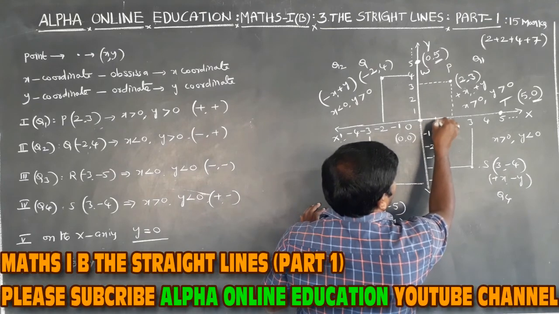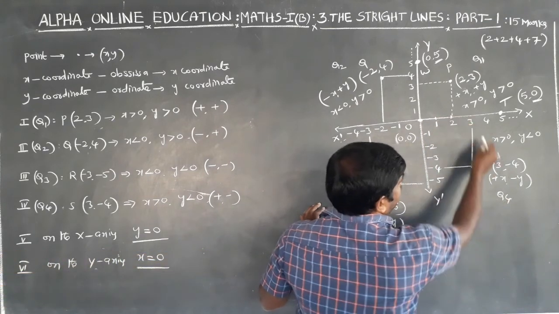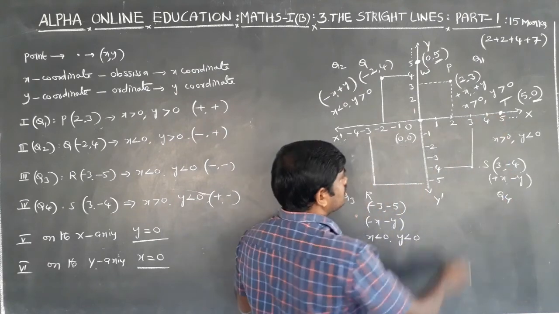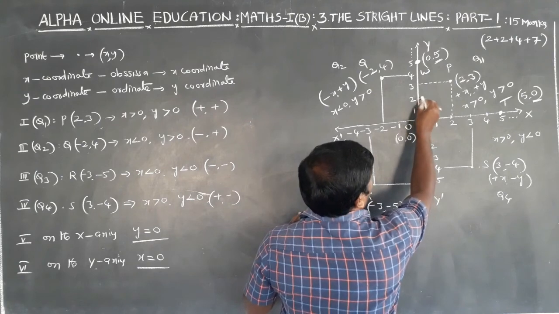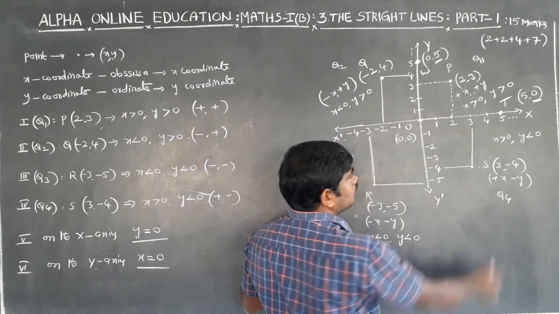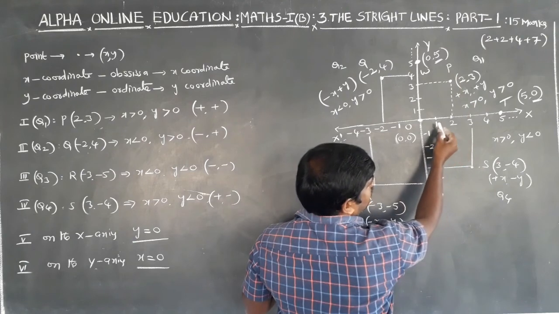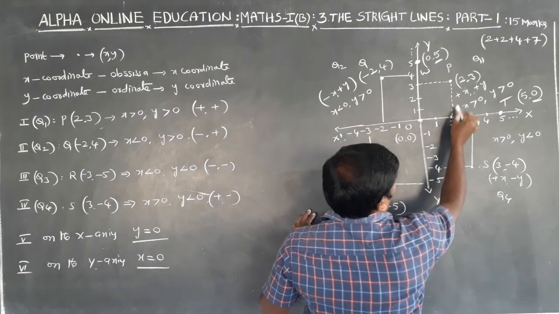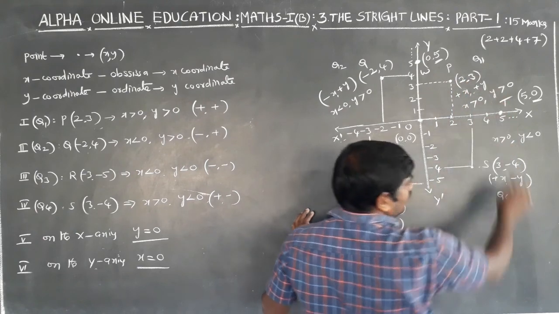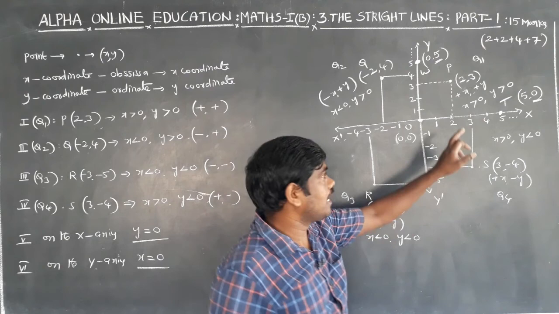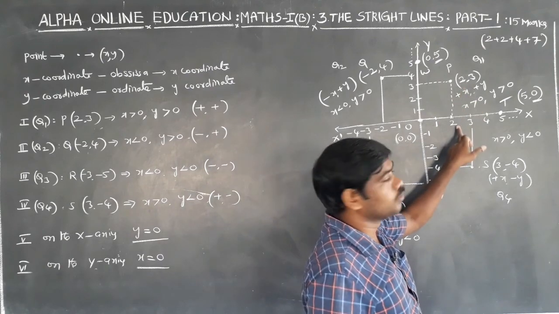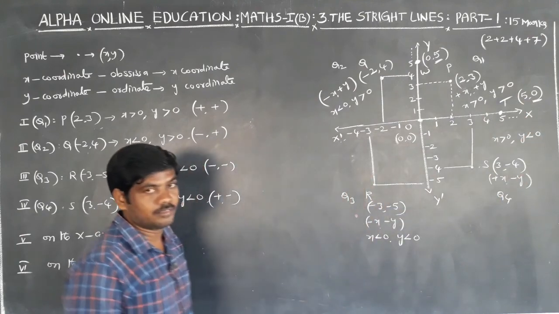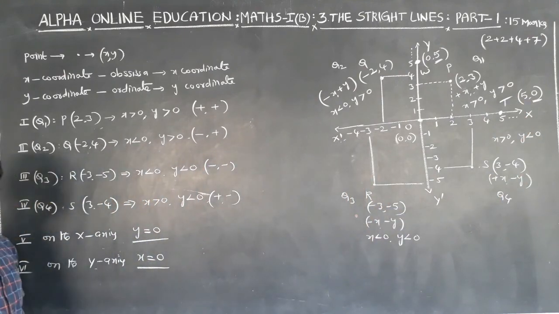This is a distance of 1 unit, 2 units, 3 units, 4 units. So for the point P, the x value is 2 units, the y value is 3 units. So the point P is denoted by (2, 3). That means the x coordinate value is 2, the y coordinate value is 3. A point is denoted by an ordered pair.